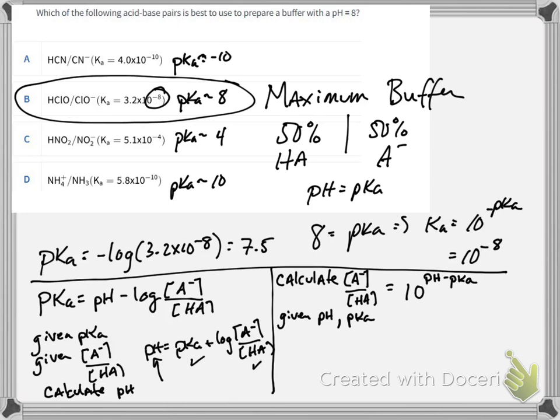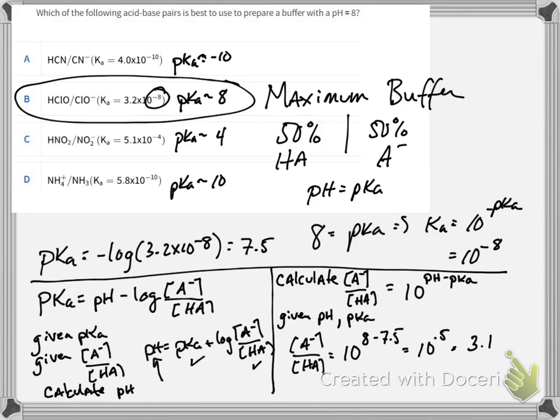We have this problem where we know pH is 8, so A minus over HA is equal to 10 to the 8 minus 7.5, or 10 to the 0.5, or 3.1.